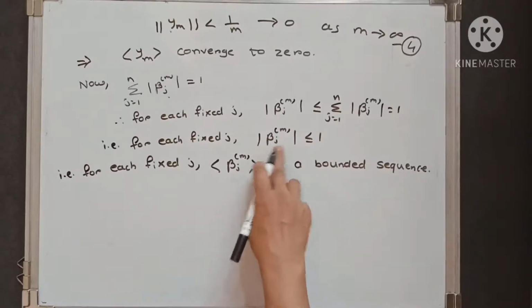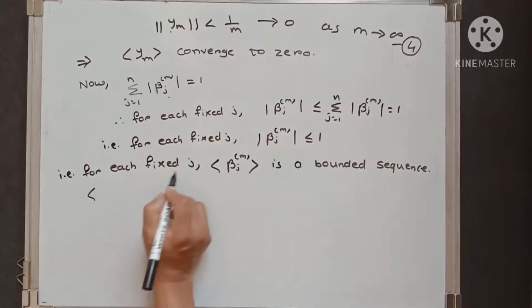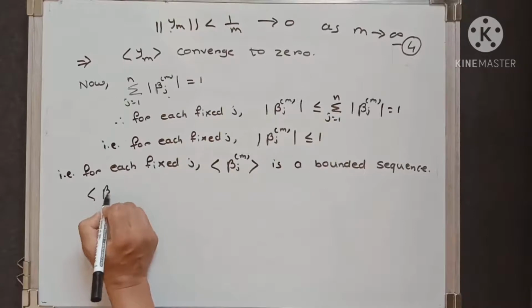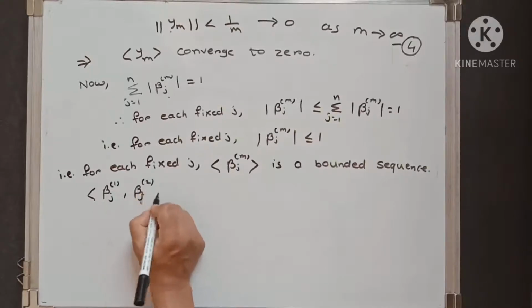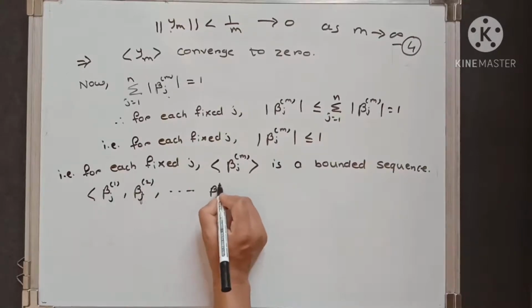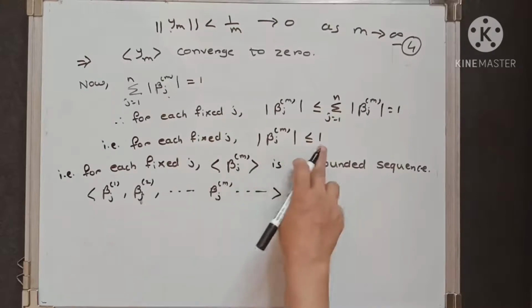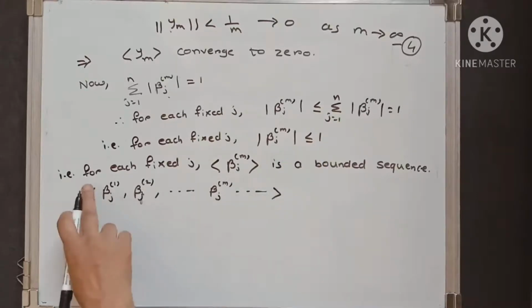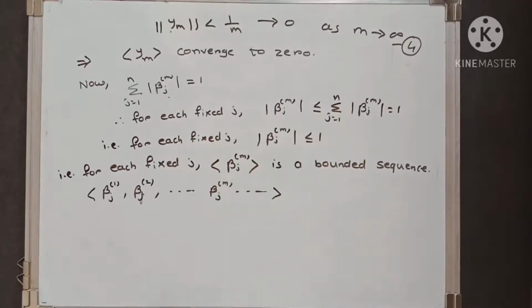In the sequence beta jm, j is fixed, therefore the terms are like this: beta j1, the second term is beta j2, and so on, the mth term is beta jm, and so on. Here we observe that all the terms are less than or equal to 1, and therefore for each fixed j the sequence beta jm is a bounded sequence.